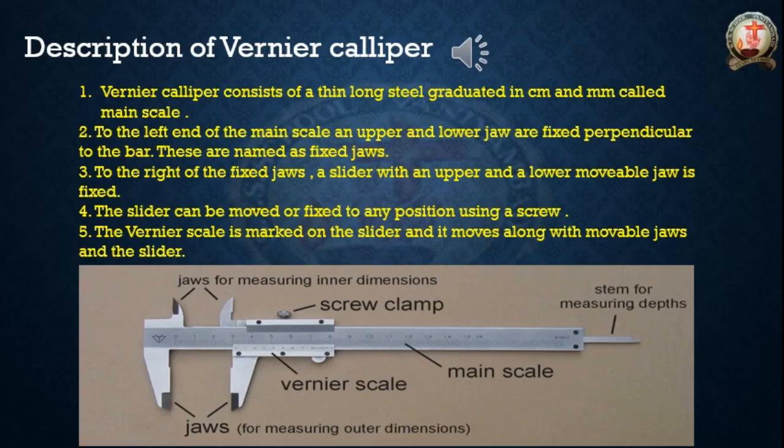This is a very important point. Fifth point: the vernier scale is marked on the slider. You have to remember once more, it has 10 divisions, that means 10 lines. Please see the figure carefully.